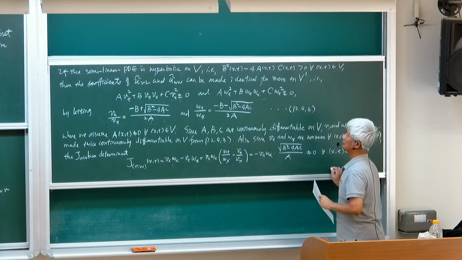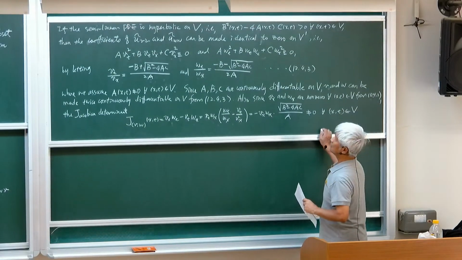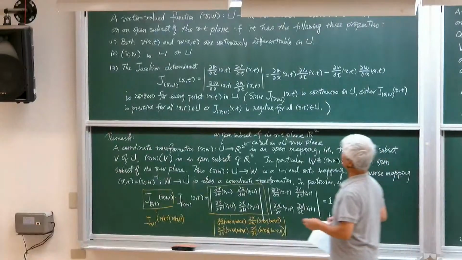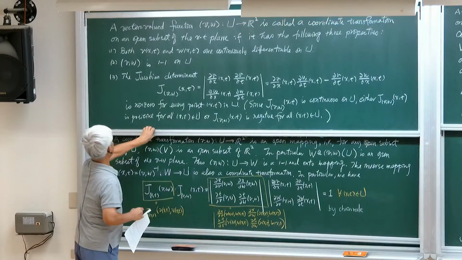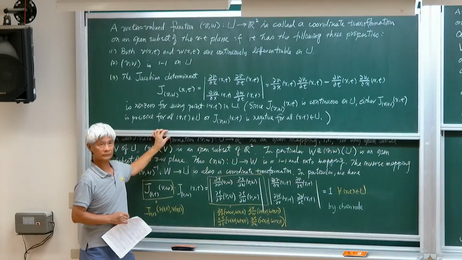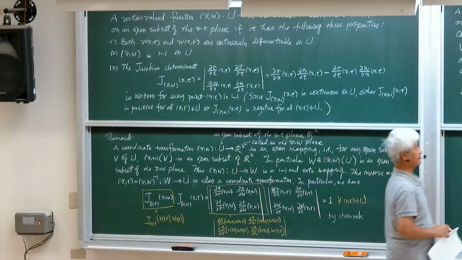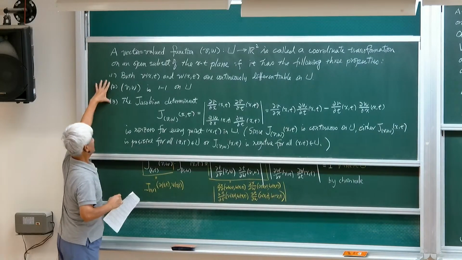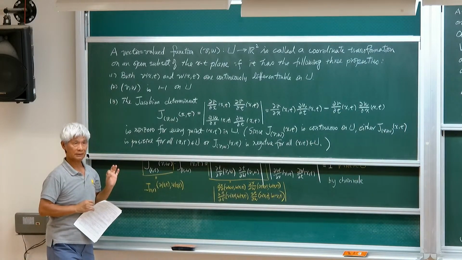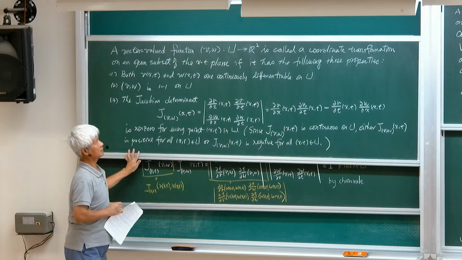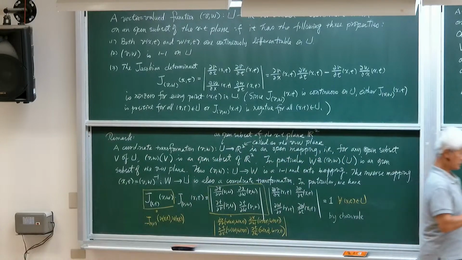Okay, and so the only requirement here is that the mapping should be 1-to-1. So we need a 1-to-1 mapping here. The first one and the third one have been satisfied, but the second property is questionable.